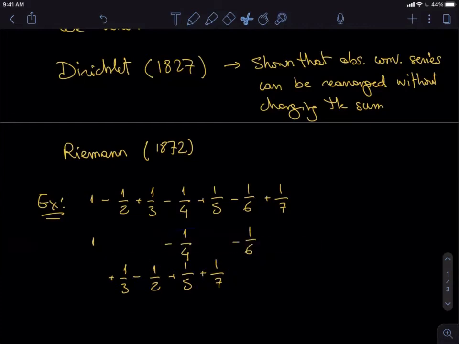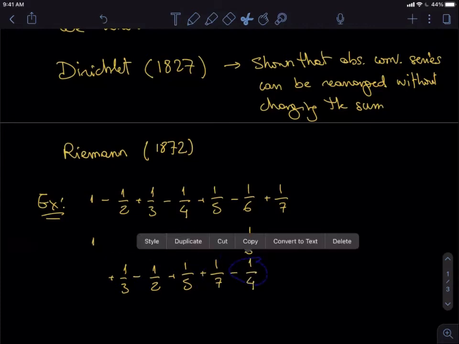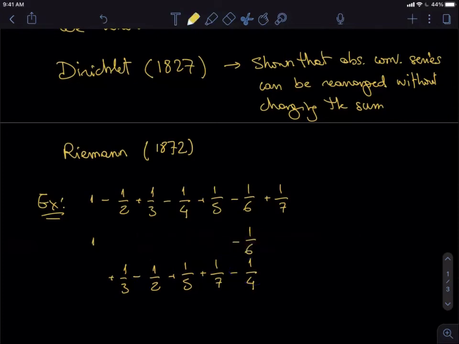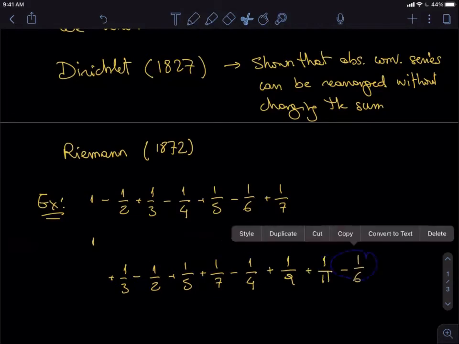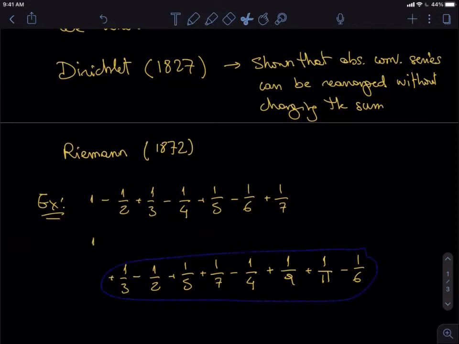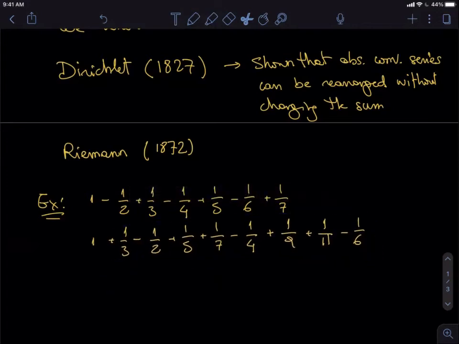Then I'm going to take out 1/4. And then I'm going to add 1/9 and 1/11. Then I'm going to subtract 1/6, and so on. You have probably figured out the pattern here.